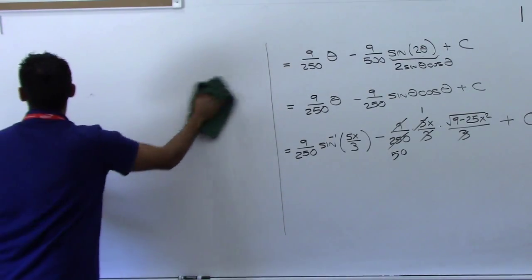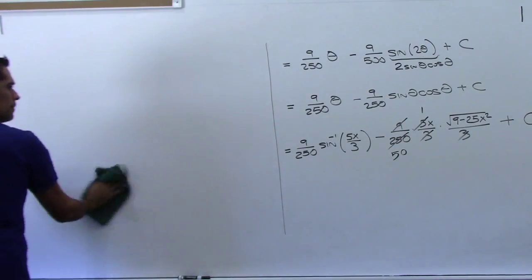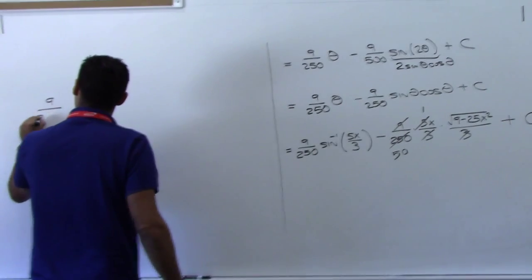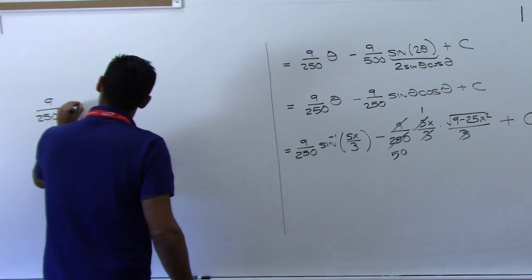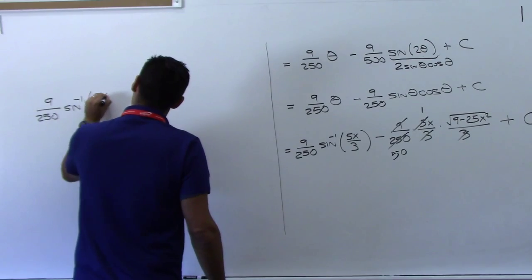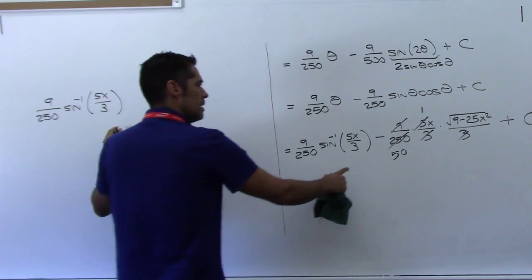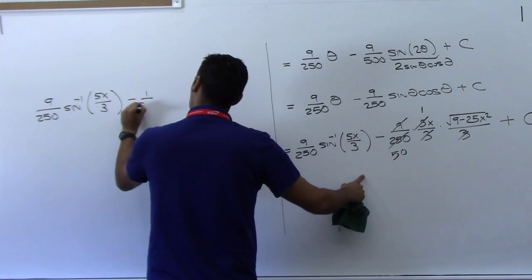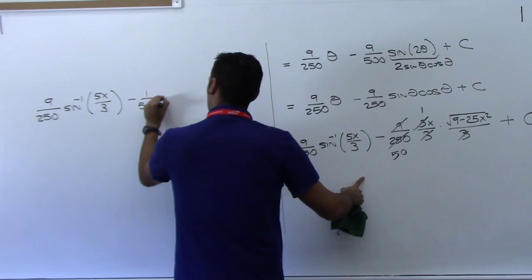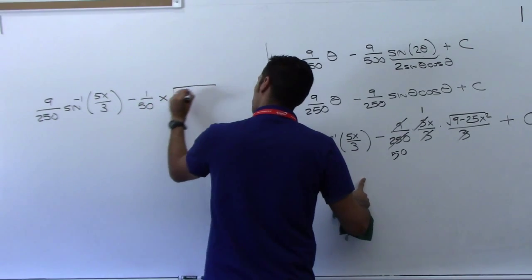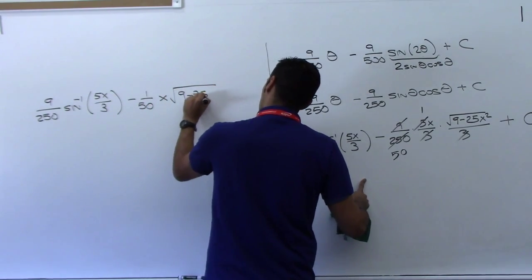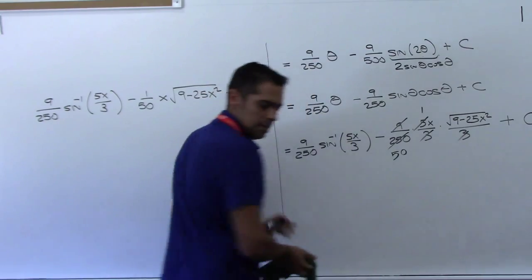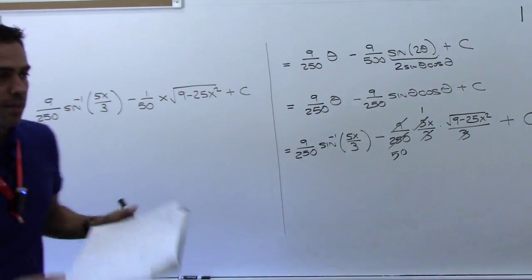What number was this again? 53. I've got 9 over 250 arc sine of 5x over 3 minus 1/50th x root 9 minus 25x squared plus c. Just going to see if that looks anything like the back.